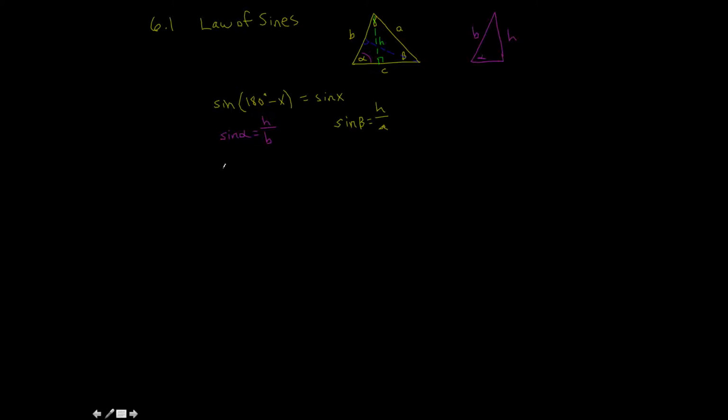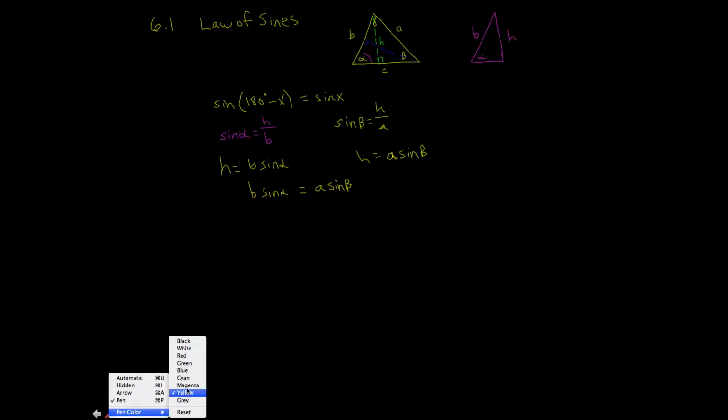Now, if we solve both of these for h, because that's what they have in common, we have h equals b sine alpha, and we have h equals a sine beta. Now, h equals both of these, so because of that, our rules of inference tell us that we can say b sine alpha is equal to a sine beta.